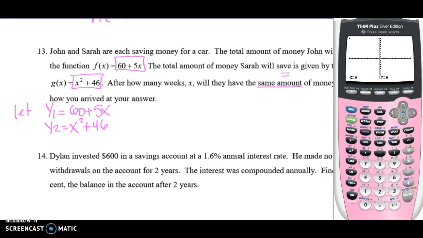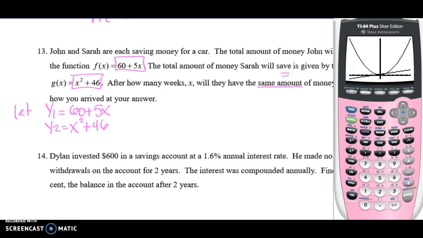So I'm going to try a zoom 3, see what happens. Still not seeing everything. So what I'm going to try now is zoom and number 0. Zoom fit. I'm going to change it so I really can see the picture. See it's intersecting in two places because the y2 is the parabola.